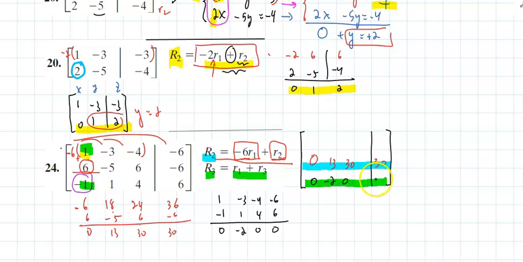Now you notice they didn't say anything about row 1, which means you really do not use nor change it, you just copy it down. So every step of the matrix, you're going to write everything out. That's always the case. And that's it. That's all they want.